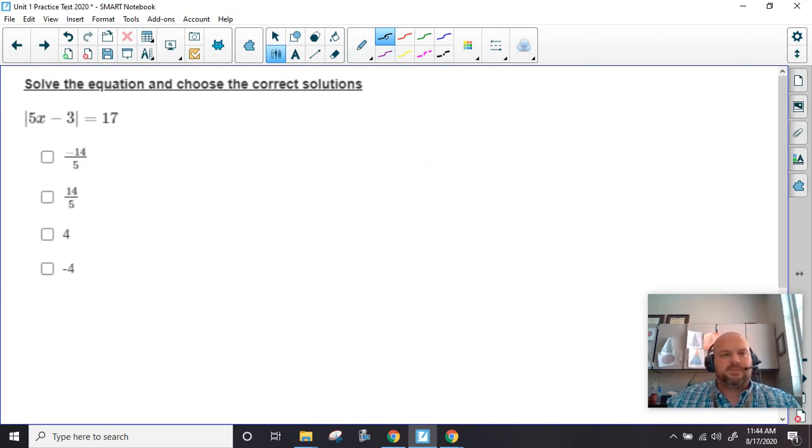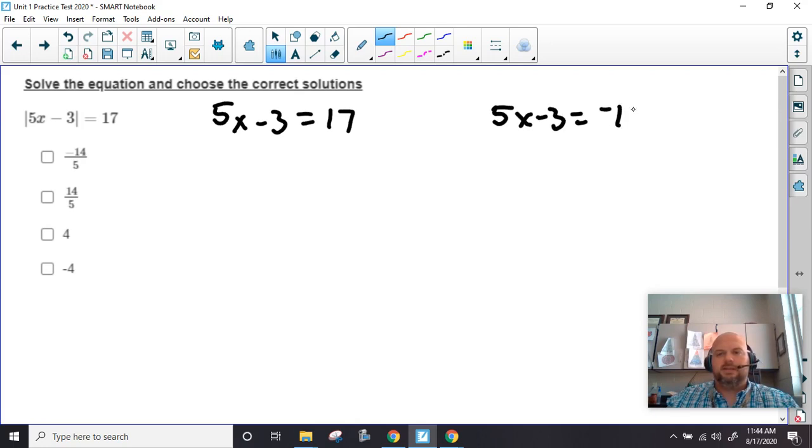All right, absolute value equations, multiple choice, but they all look so similar. You're welcome. And then we're going to have 5x minus 3 equals negative 17. Remember, on absolute value equations, it's the same thing, except on the second one, you do the negative right here.